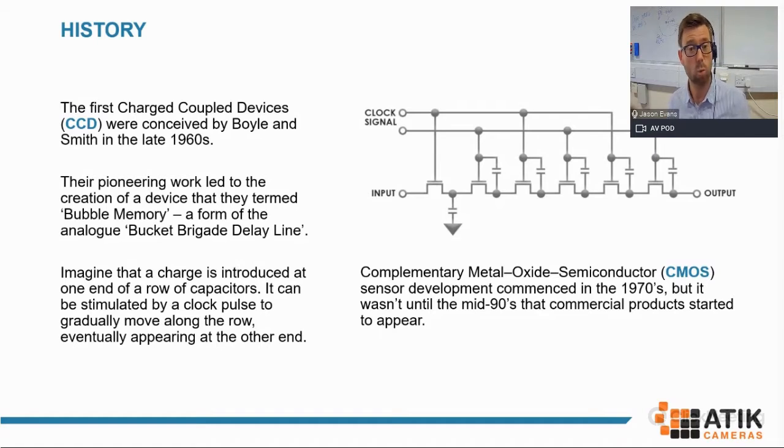CMOS development wasn't that far behind, well, certainly not initially anyway. Its progress kicked off in the 70s, but it wasn't until the 90s really that commercial products became more readily available. Its proliferation at that point was then quite rapid.